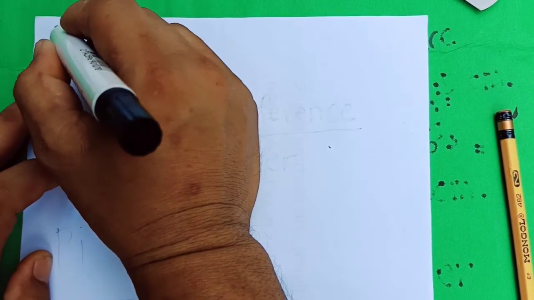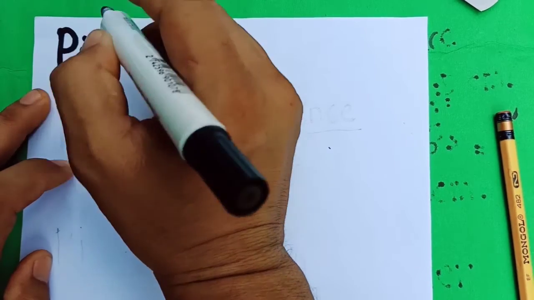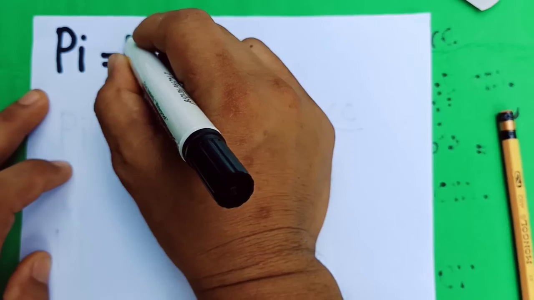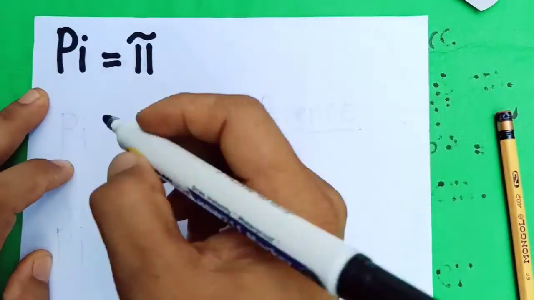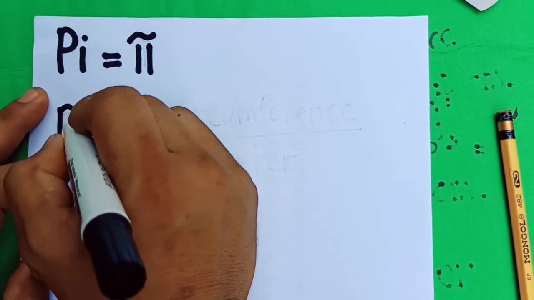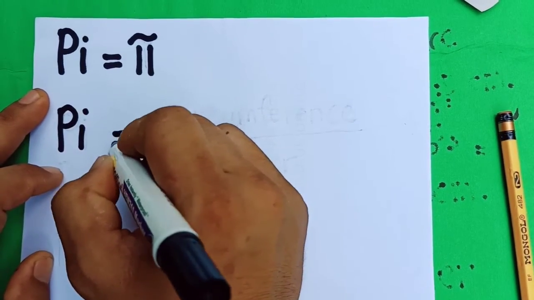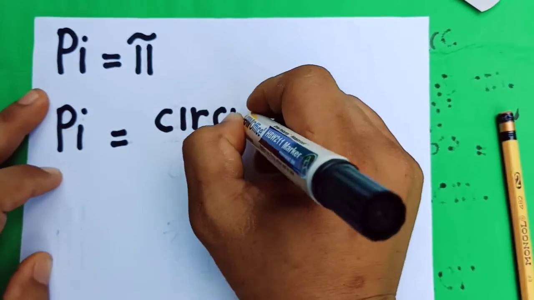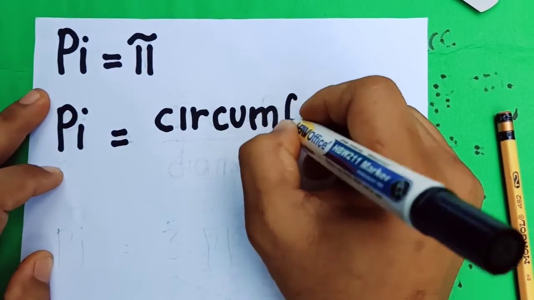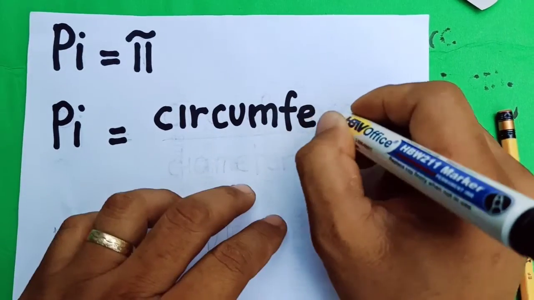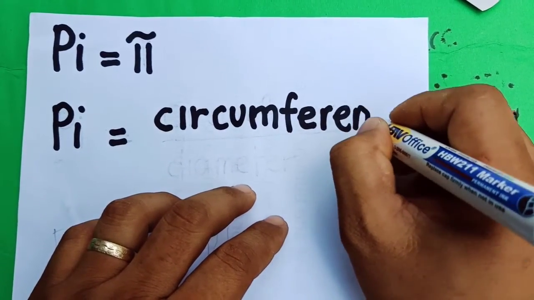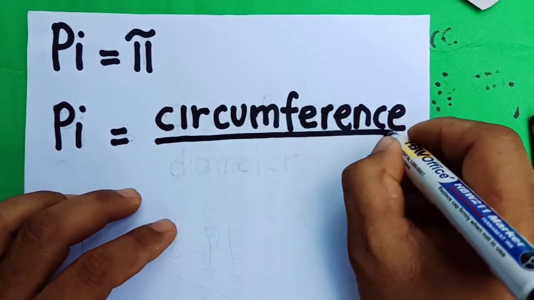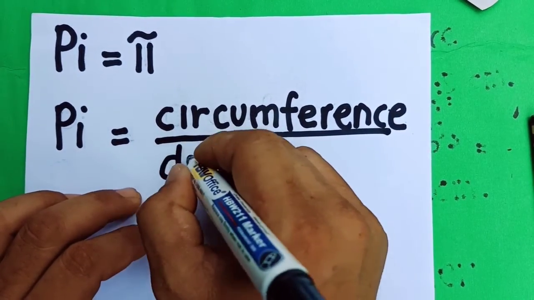Pi, written as pi, and a symbol like this one. So pi is equal to circumference over the diameter.